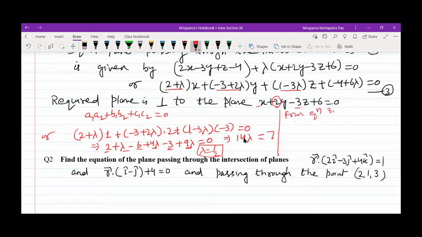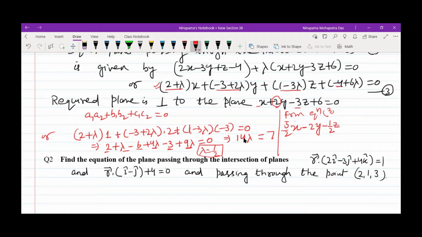Now putting the value of lambda in equation 3: 2 plus lambda into x, 2 plus 1 by 2, is 5 by 2 x. Then minus 3 plus 2 into 1 by 2, so minus 3 plus 1, minus 2y. Then 1 minus 3 by 2 is minus 1 by 2 z.